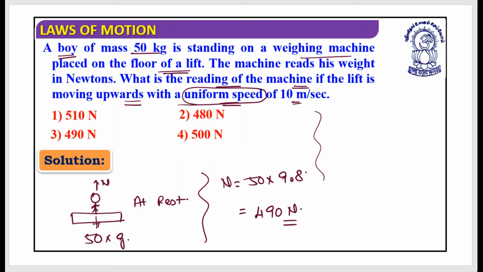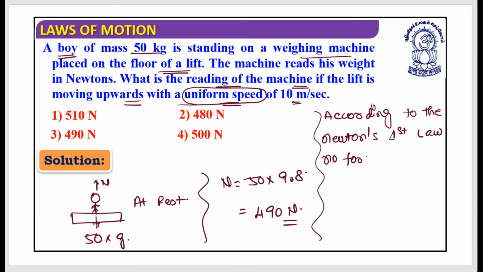What we understood is that, according to Newton's first law, no force is required to move an object with uniform speed.